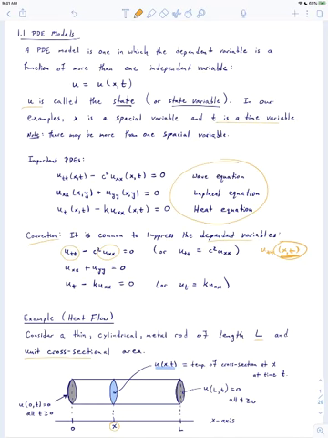For one, we're going to imagine that the temperature at the ends, at 0 and at L, is held constant at 0 for all time. We're also going to further assume that this rod is insulated laterally, so that means that no heat can escape outside through the sides. The only way that heat can escape is either moving to the right or to the left.